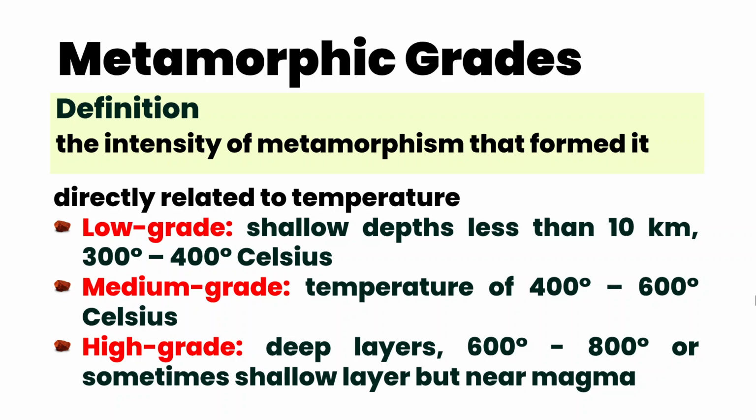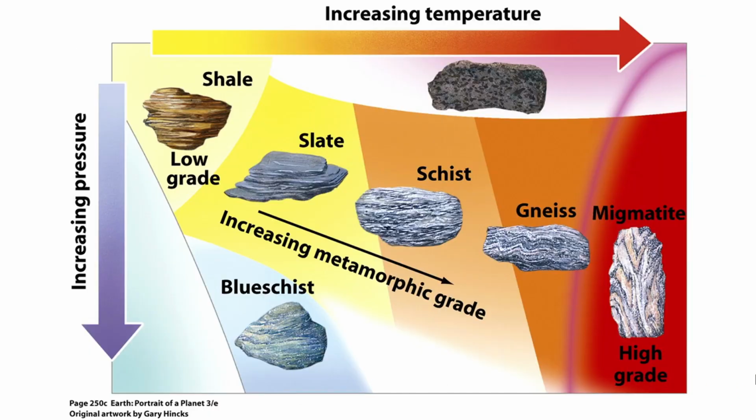Medium grade is 400 to 600 degrees, and high grade is 600 to 800 degrees, or sometimes in a shallow layer but near magma. Remember that metamorphic rocks are cooked rocks. They didn't melt. They just underwent changes in texture and shape.